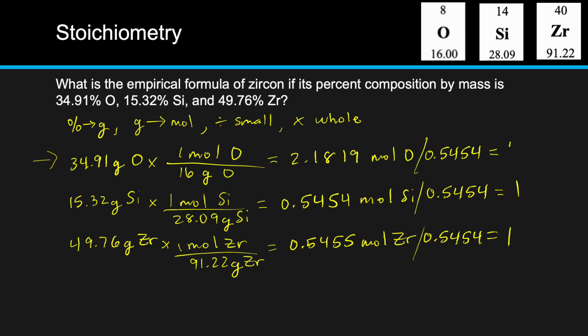And then it's going to be 4 for this one. So we are already in whole numbers, which is nice because we do not have to multiply. So all we're going to do is assign these numbers to our symbols, and that is our formula. So O4SiZr is our empirical formula.